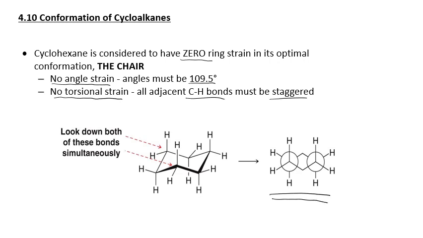And there's no energy cost for two hydrogens that are 60 degrees apart, and there's no energy cost for a hydrogen and a CH2 group that's 60 degrees apart. So we have no torsional strain because everything is in the staggered position. So the cyclohexane ring is the most stable, and the most stable conformation that it adopts is called the chair.